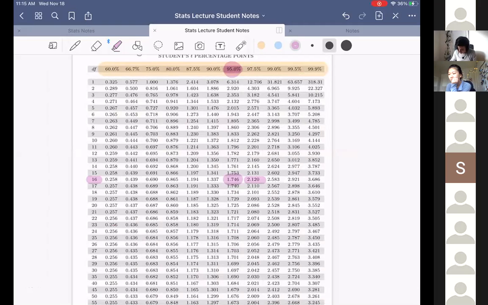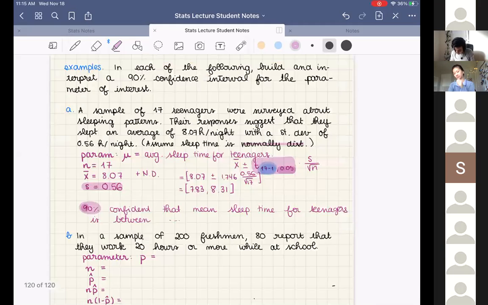In real life scenarios, how do they determine the percentage of confidence? It's arbitrary, which is kind of unsatisfying. There are conventions depending on the field that you're in. So for example, in psychology, 95% is often the usual confidence level that is required.